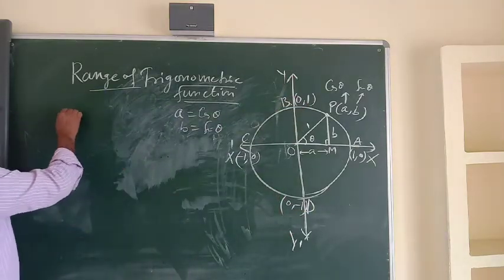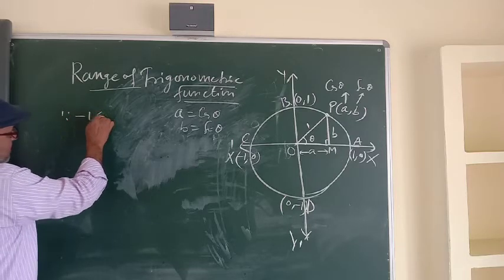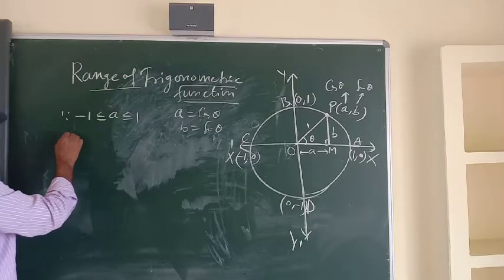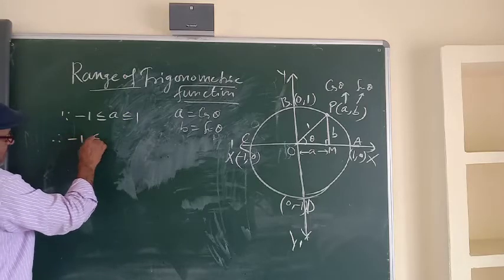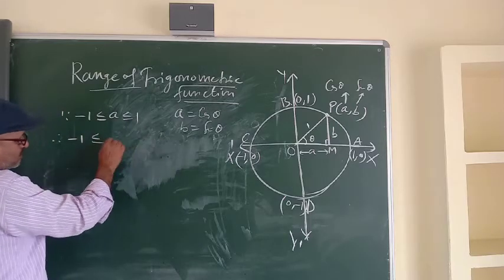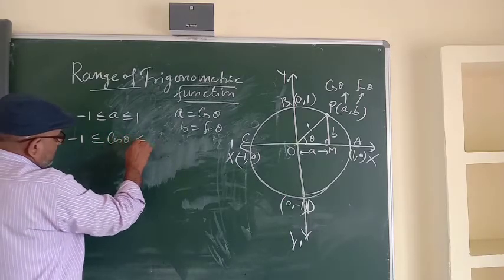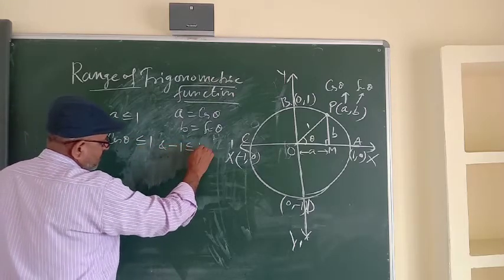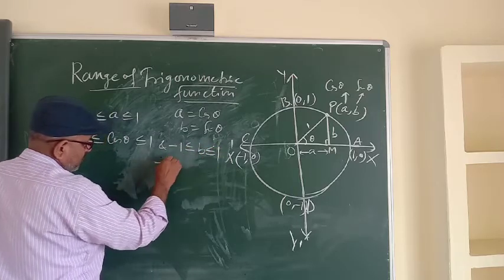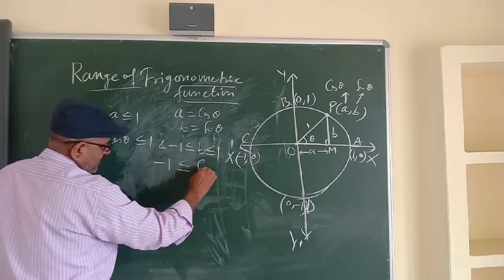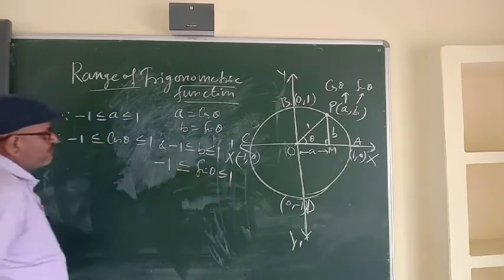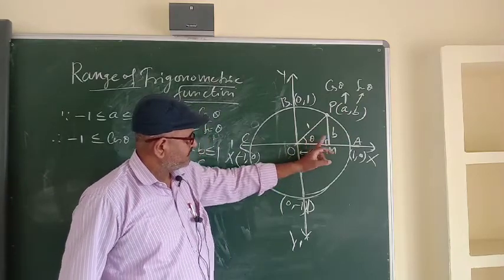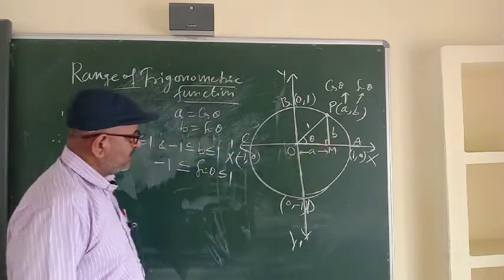So we can write, minus 1 less than or equal to A less than or equal to 1. So minus 1 less than or equal to A means cos theta less than or equal to 1. And minus 1 less than or equal to B less than or equal to 1, means minus 1 less than or equal to sin theta less than or equal to 1. The first component represents cos theta, second component sin theta.